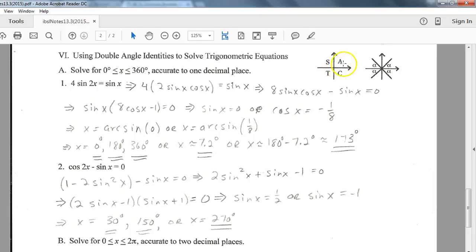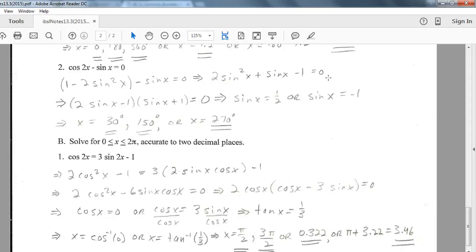Remember, this from here to here was 97.2. So if I did 180 minus 97.2, that gives me a reference angle right here of 82.8. So if this reference angle is 82.8, then this reference angle is also 82.8. So if I did 180 plus 82.8, I would get my second answer. And that's where that would come from.